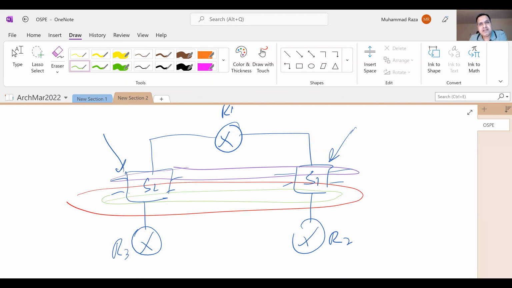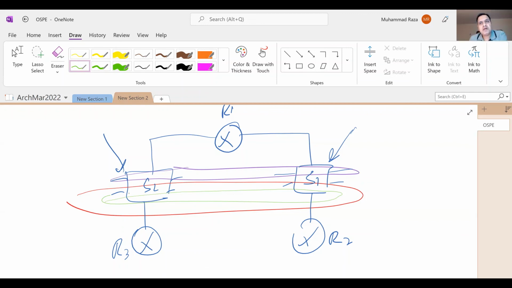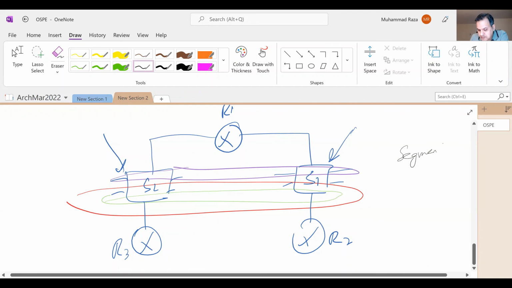Now these three VLANs give me three broadcast domains. Now I would have three sets of DRs and BDRs. So DR and BDR are administered per broadcast domain. Some commentators also use the word segment, but segment is not that broad, so I would prefer to use, for example, broadcast domain.